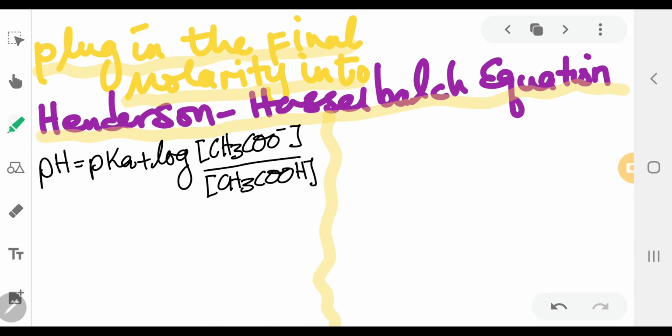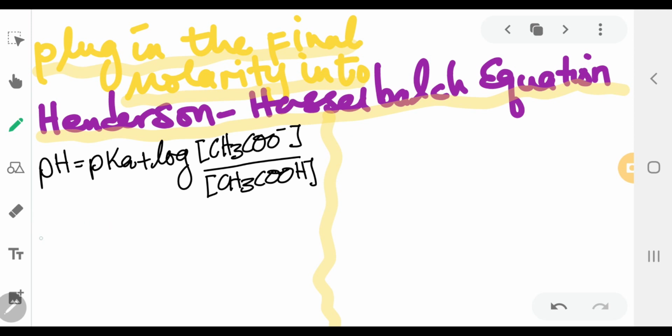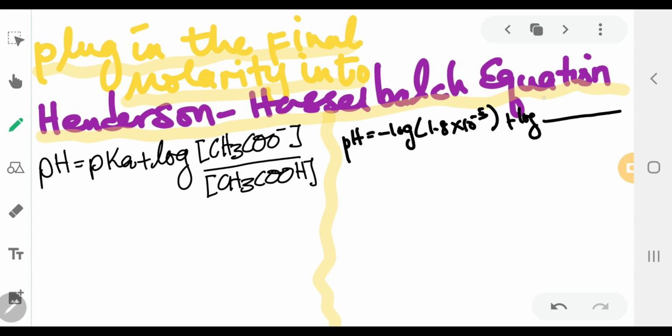Okay? So the pH is equal to negative log 1.8 times 10 to the power of negative 5, plus log, so the concentration is 0.036 and 0.104.